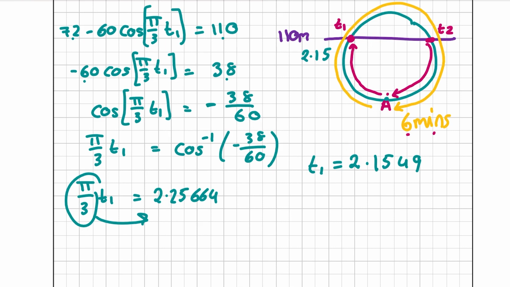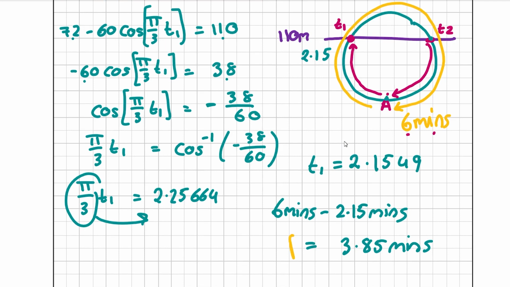Okay, so let's get our 6 minutes, take 2.15 minutes, and that will give us 3.85 minutes. And that is the time that it's going to take for A to reach 110 meters for the second time. So that is the answer to this question, and for this question you're going to get 10 marks.